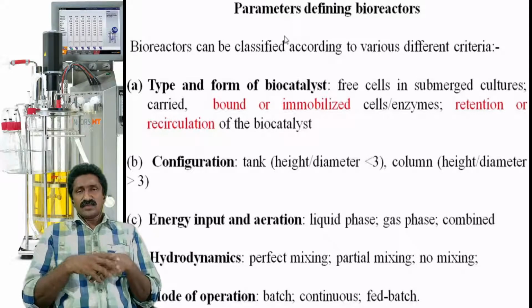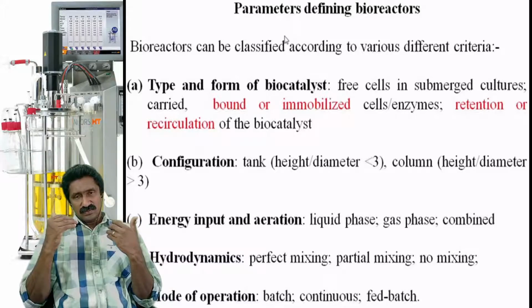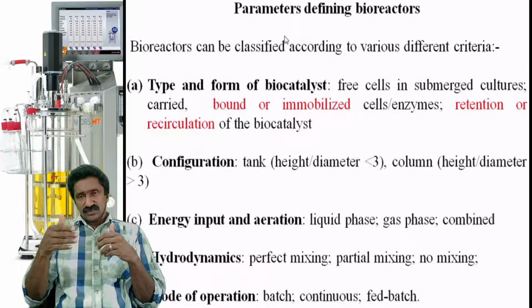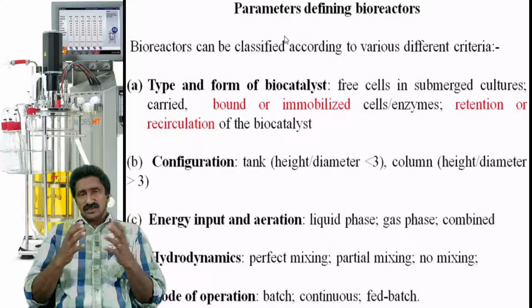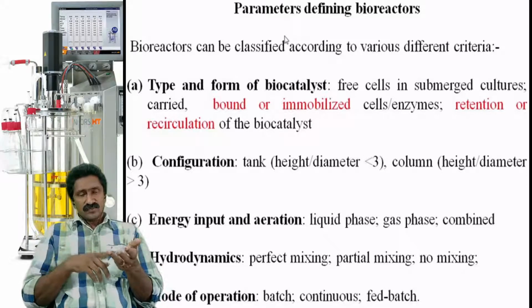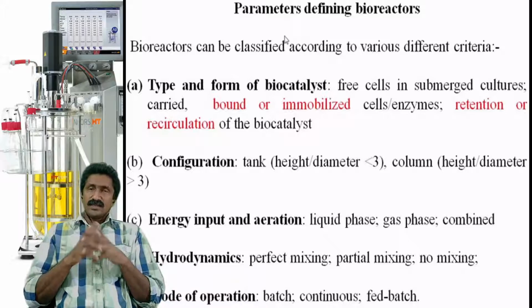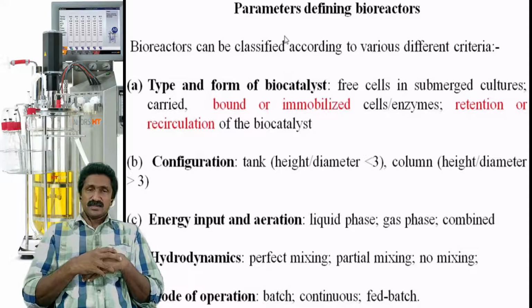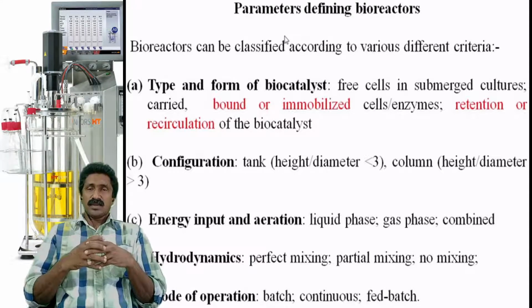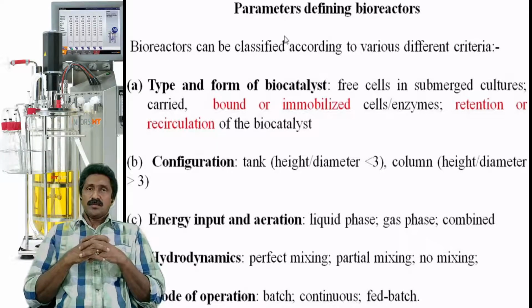Or you can use liquid phase reactors in which you can give some mixing and agitation, etc. So the type of reactors where energy input is required, either in the form of agitation or aeration, is another criterion. Then hydrodynamics means perfect mixing or partial mixing or no mixing. What type of mixing is required? That needs to be considered. Some cells may require proper mixing, some cells may not. Based on that you can choose the optimal bioreactor.